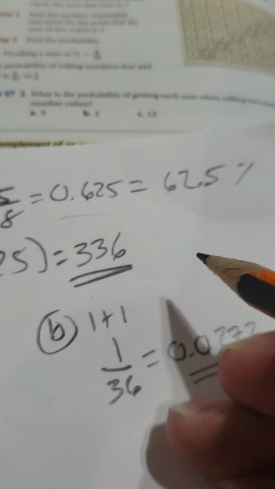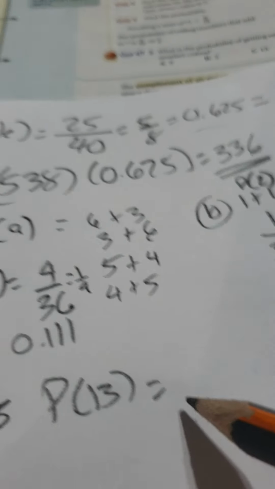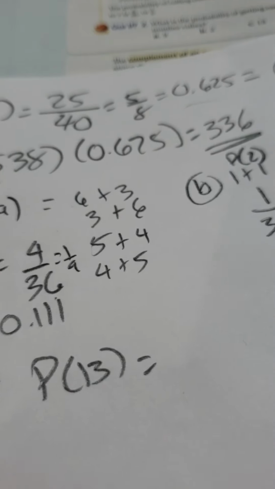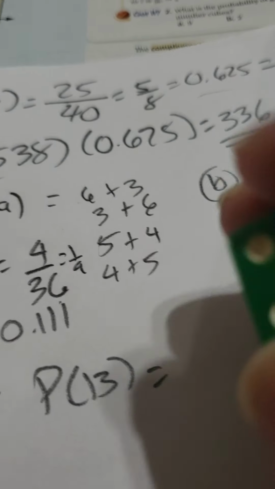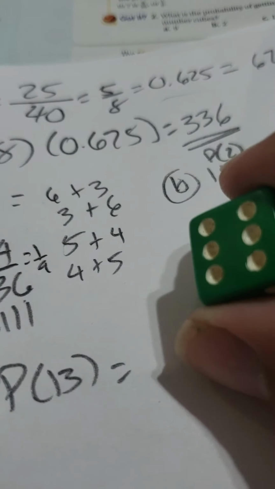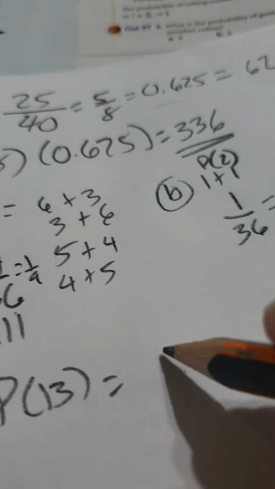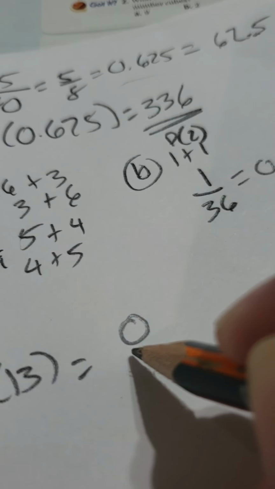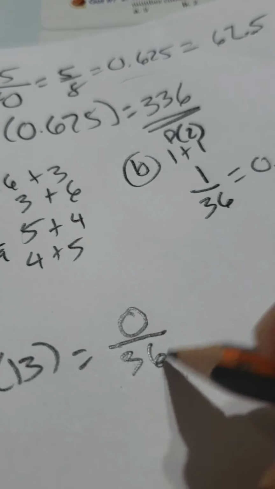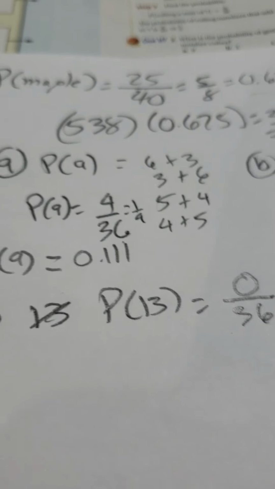By the way, that was P of 2. For P of 13, remember the maximum number on a cube is 6. That means 6 plus 6 is 12. That is the maximum. To get a 13, there are zero possibilities. That means we get 0 of 36, that is 0. That is the event in letter C.